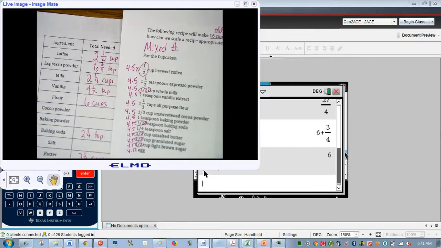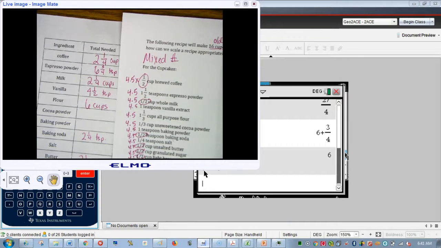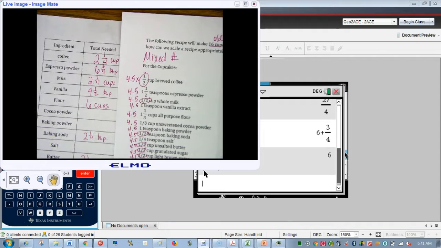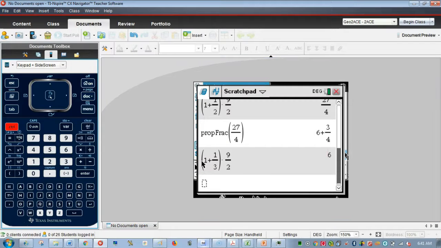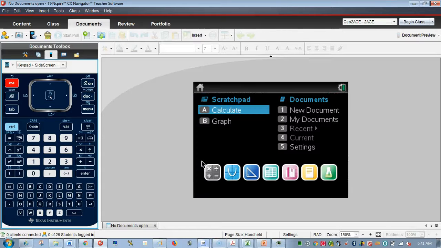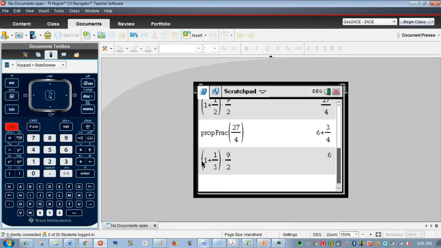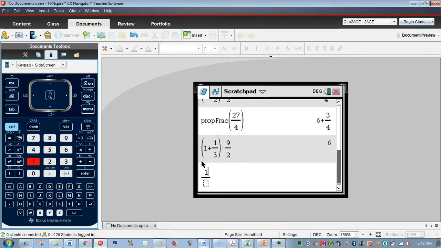All right, cocoa powder. What do we have for cocoa powder? I need 1/3 cup, so I'm going to take my 1/3. Whoops, I don't know what just happened there. It's playing tricks on me. So I take my 1/3. I get out of my fraction. I multiply by 4.5 again, or 9/2, doesn't matter.